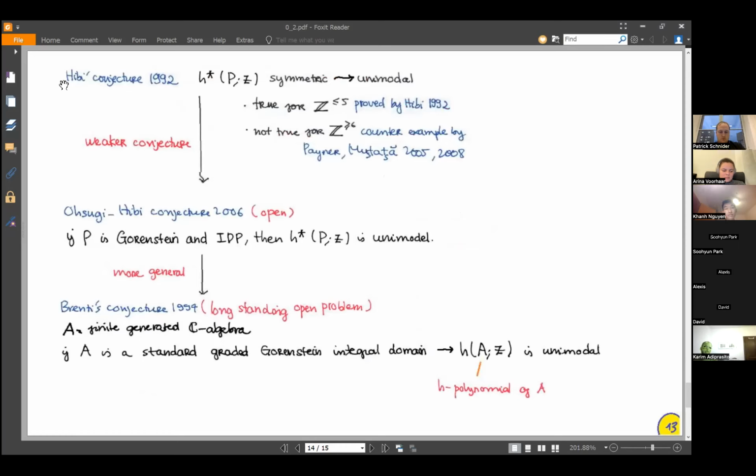Now I will explain the Hibi conjecture and also the Stanley conjecture, and the last one is the Brändén conjecture.